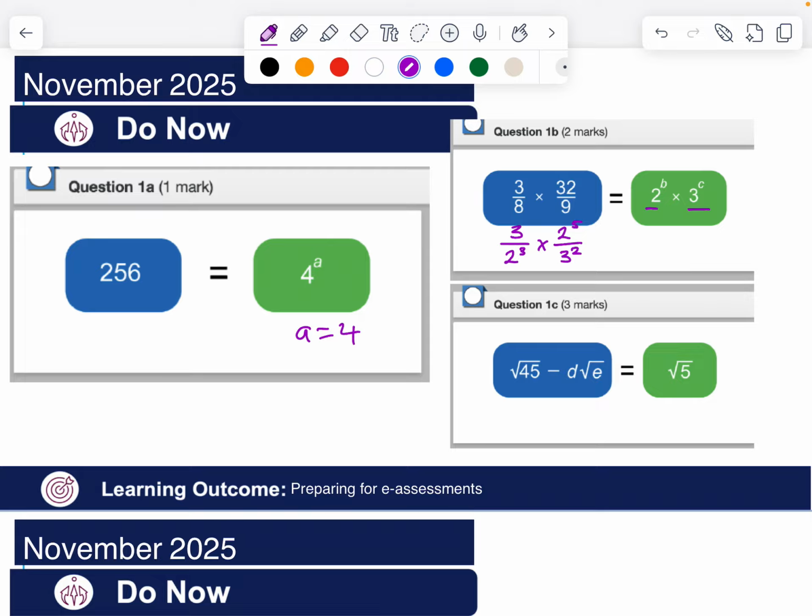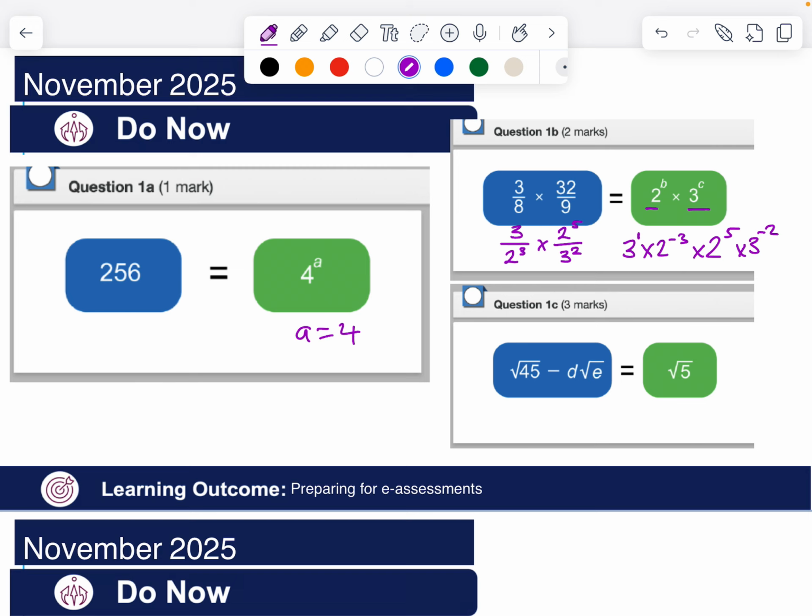Now that I've changed them all, next thing I need to do is get rid of the fractions. So the first one, I can change to 3 times 2 to the negative 3, because we know negative powers give you that fraction. Multiply 2 to the power of 5, and then times 3 to the negative 2. So the last step is, when the base is the same, you add the powers together.